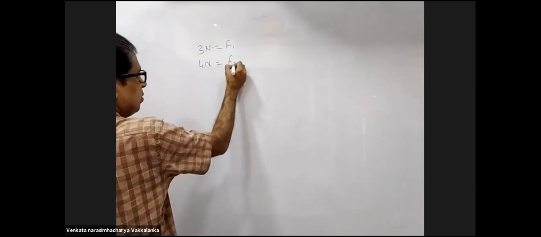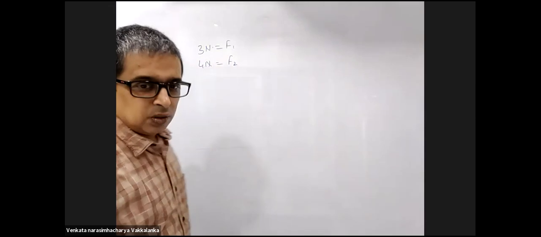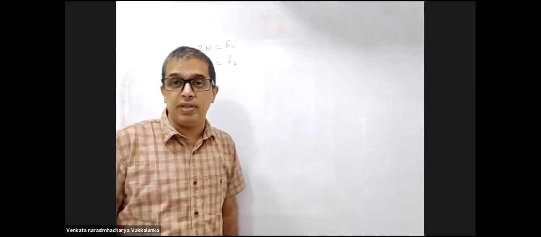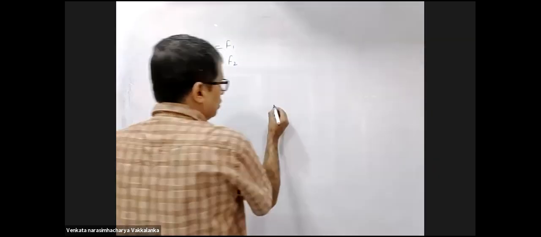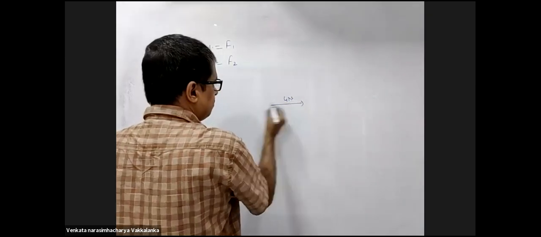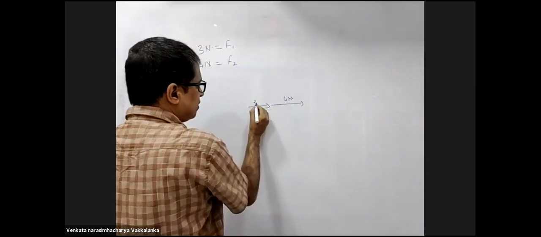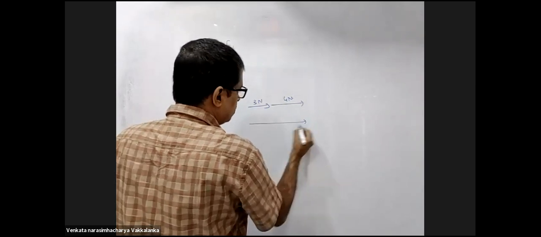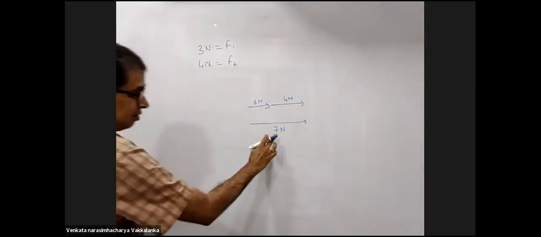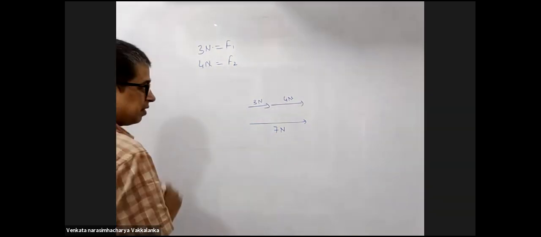I'm taking convenient numbers. What is the maximum resultant and minimum resultant I can have between the two? When I take 4 this way and 3 this way, what is my resultant? 7 Newton. This is the maximum.